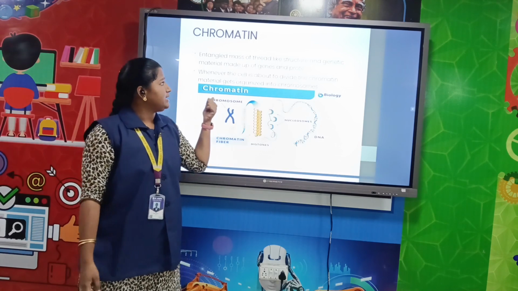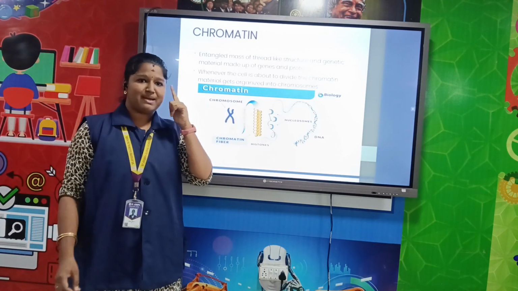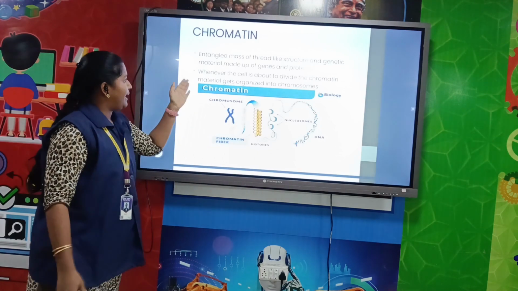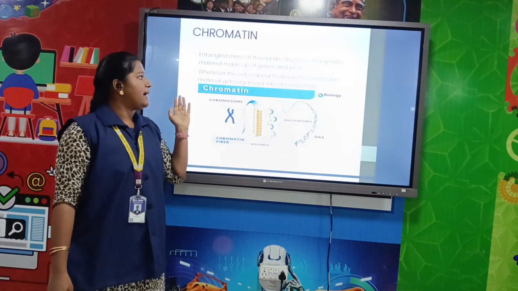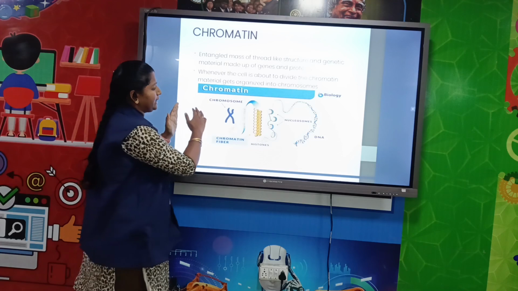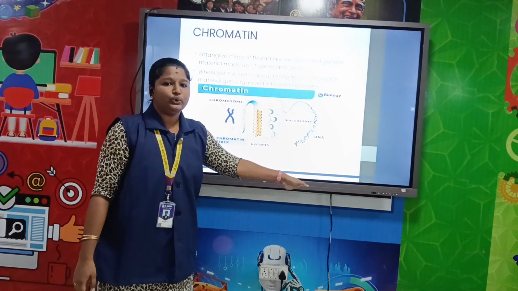Imagine a thread. That thread-like structure is chromatin, along with some protein molecules. This diagram shows how the chromatin is converted into chromosome.